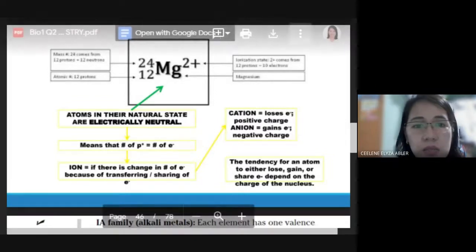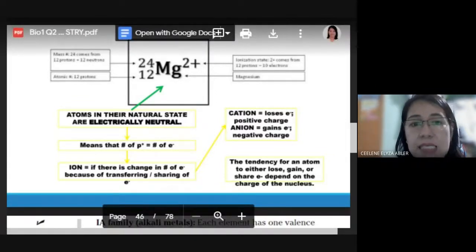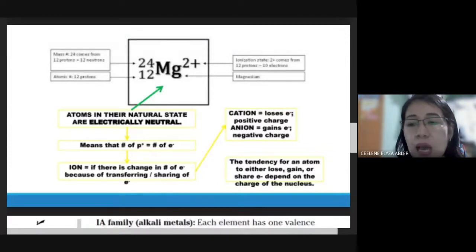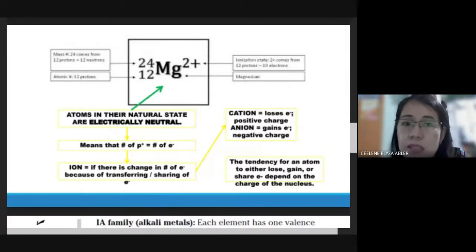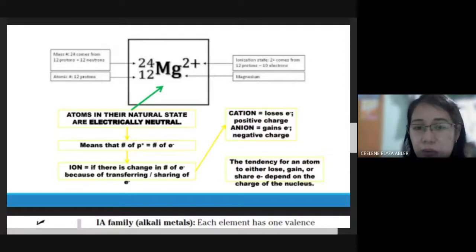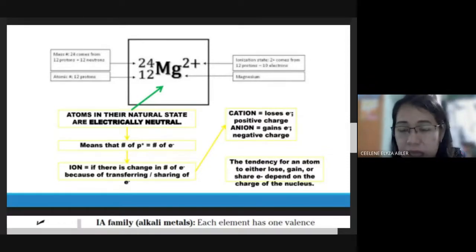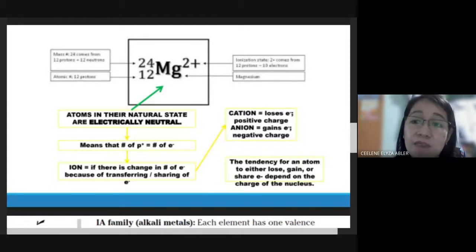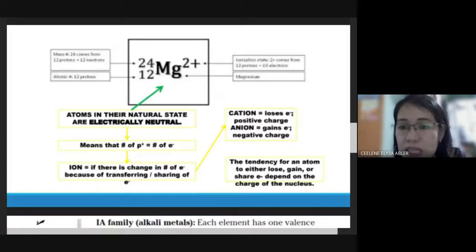So meron tayo yung ionization state niya is actually from the mas marami na siyang protons and lesser ang kanyang electrons. Kapag lesser ang kanyang electrons class, ang ibig sabihin, siya yung namimigay. Cations are the ones that actually give out their electrons. And usually, they have a very low electronegativity value.